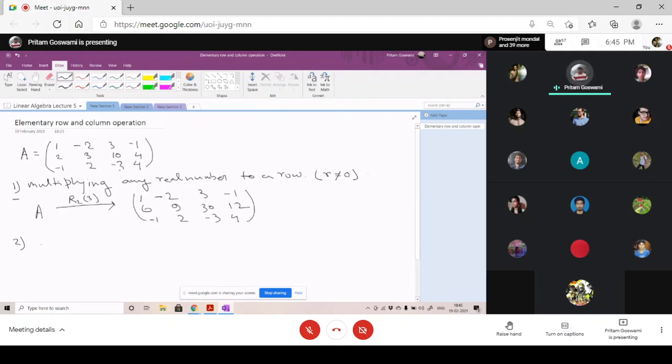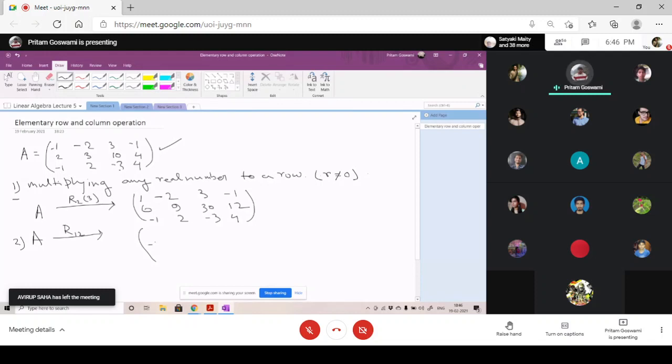Now, the second kind of operation is interchanging rows. Suppose this matrix A, you want to interchange the first row and second row. You write it as R12, interchanging 1 and 2. That will give you this result.